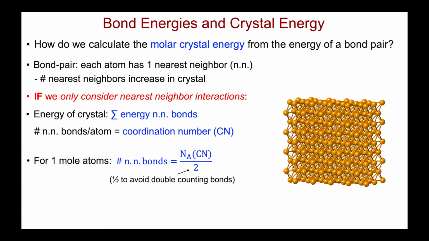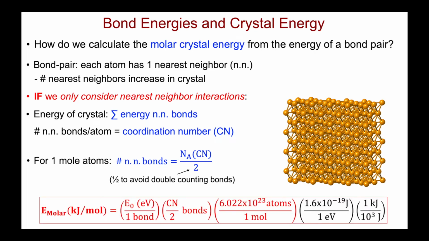And so now, for 1 mole of atoms, the total number of nearest neighbor bonds is Avogadro's number, multiplied by the coordination number of each atom. That tells us the total number of nearest neighbor bonds, but we must divide that by 2 to avoid double counting of bonds for the different atoms.